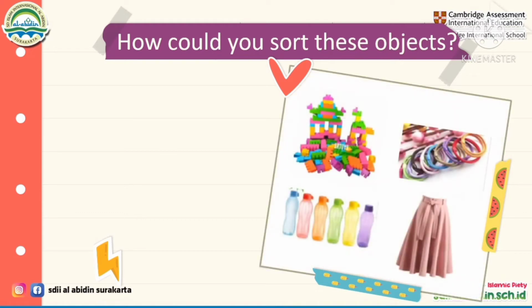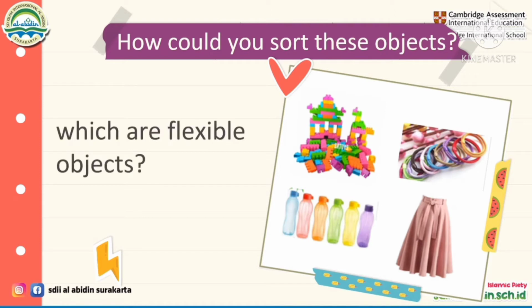You have to look carefully. So here Sugusti has Lego, and also rubber bands, a lot of rubber bands, and also bottles. You see, the bottles you can put water in, and Sugusti also has a dress here. The dress, I think, looks like rocks.